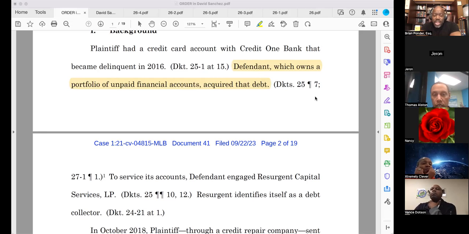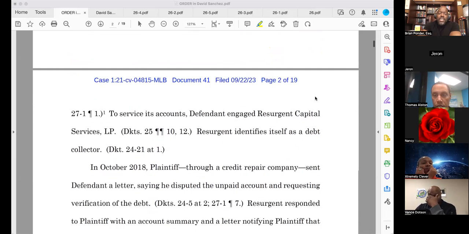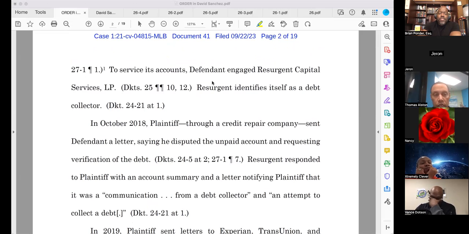When I have a case in my circuit, I look for cases like mine and find opinions like this that support my case, and make arguments in my briefs just like the court did. You can also use this kind of language for your complaints, describing what's going on in the case, because the courts can recognize it and understand it.